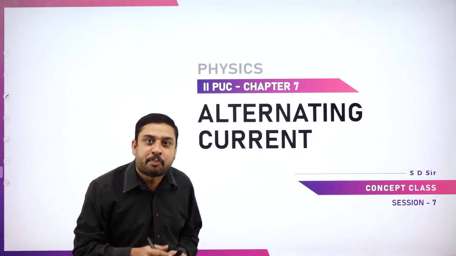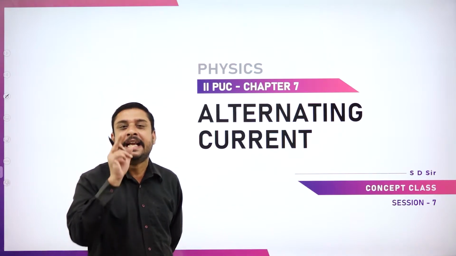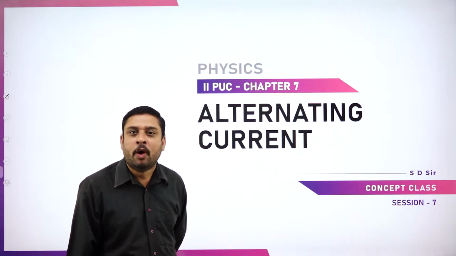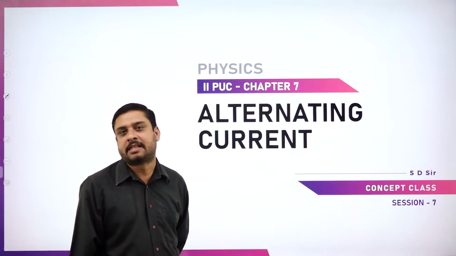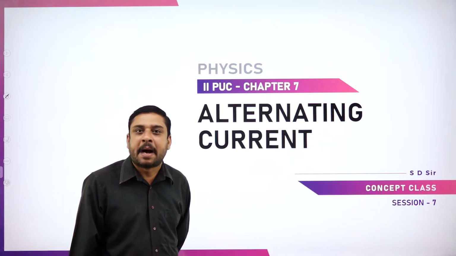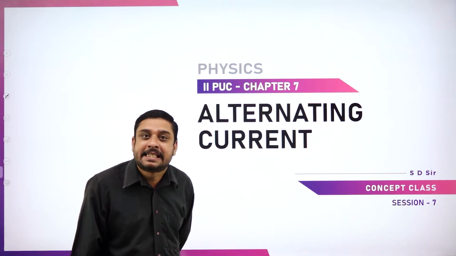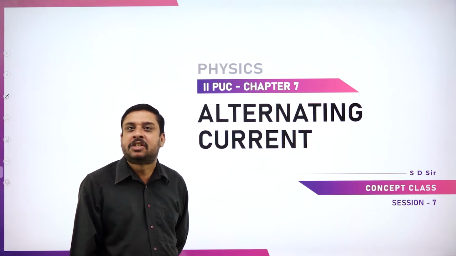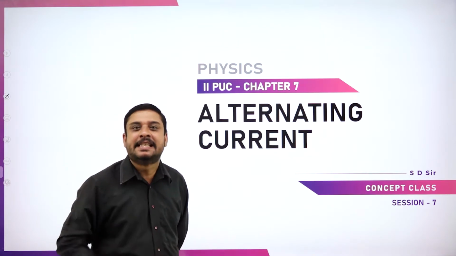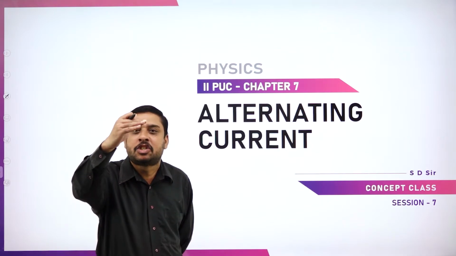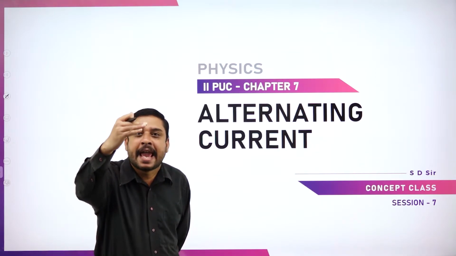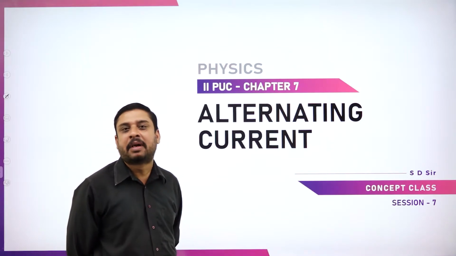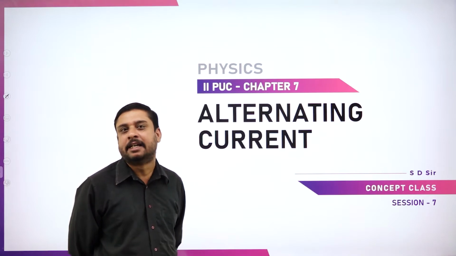We saw in the previous class that inductive reactance becomes equal to capacitive reactance, XL equals XC, and at this condition impedance is minimum, opposition to the flow of AC current is minimum, and maximum current flows through the circuit.